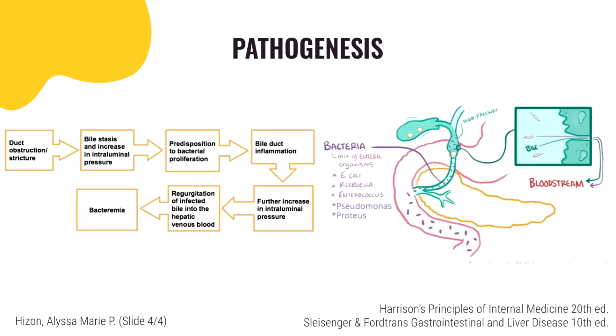So the further increase now in the intraluminal pressure due to inflammation causes the infected bile to regurgitate or ascend the biliary tree, eventually infecting the hepatic venous blood. So now the bacteremia will cause fever and chills, and the bile into the blood will cause jaundice. So that's all.